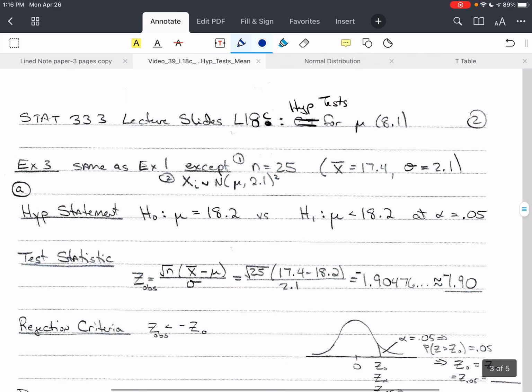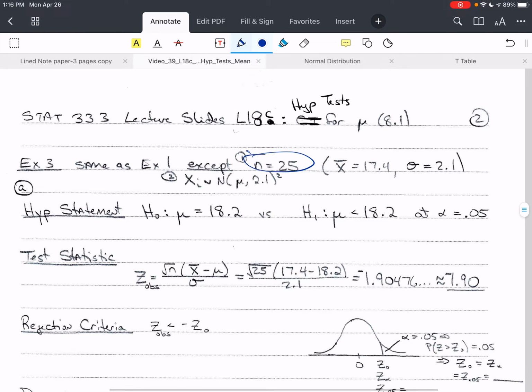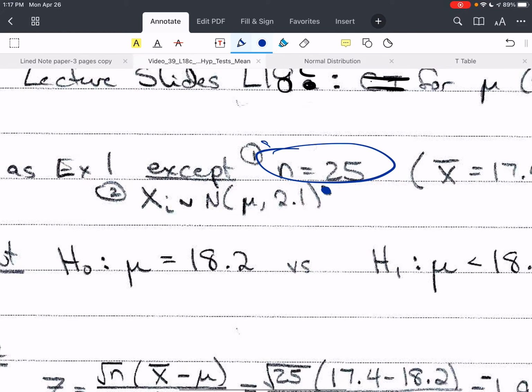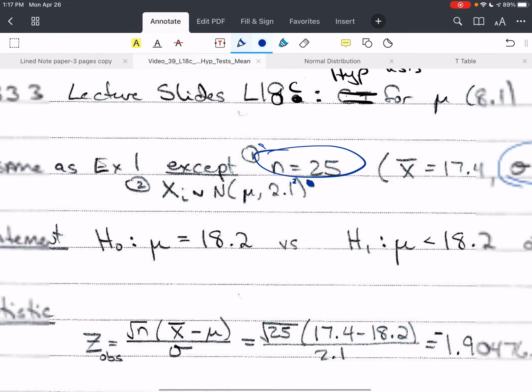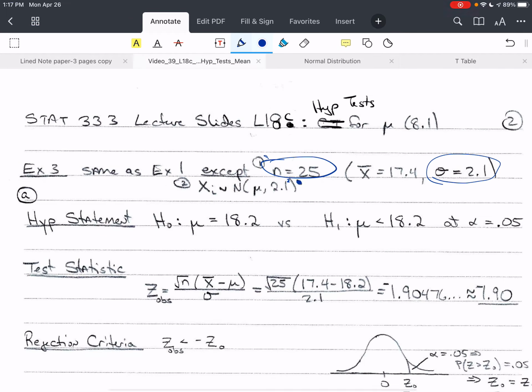Now let's do the same example. We're going to keep n equals 25, but now we're going to say that we have sigma. This is a case that doesn't often happen in real life, but it could. I need to change this; there's a square there, so it's 2.1 squared. Sigma was 2.1, so the variance is that squared.